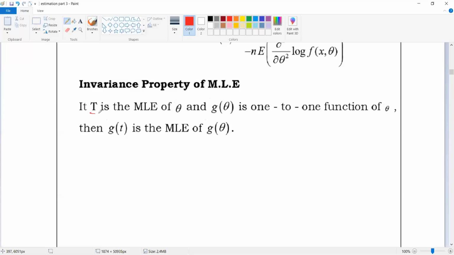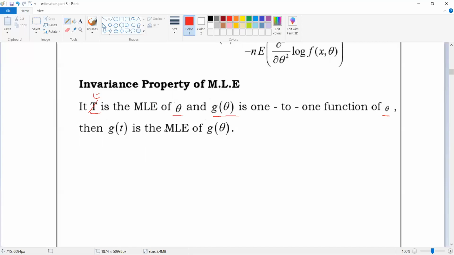If T is the MLE of theta, and g of theta is a one-to-one function of theta, then g of T is the MLE of g of theta.